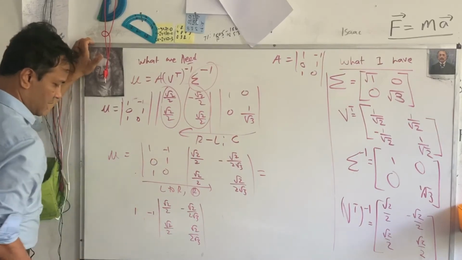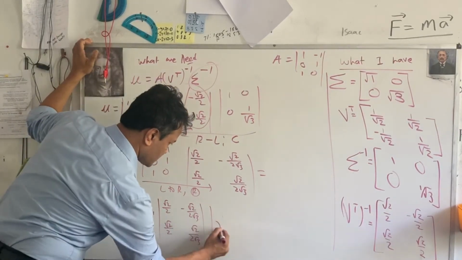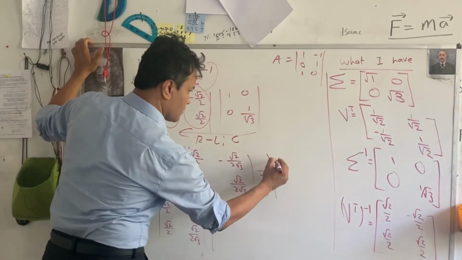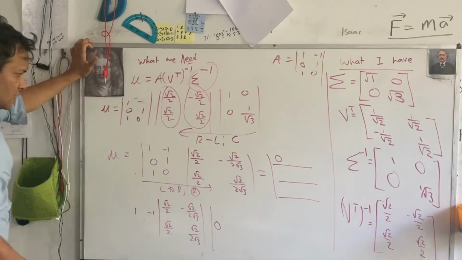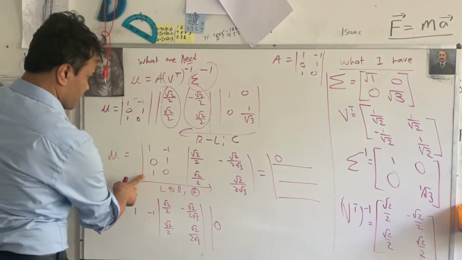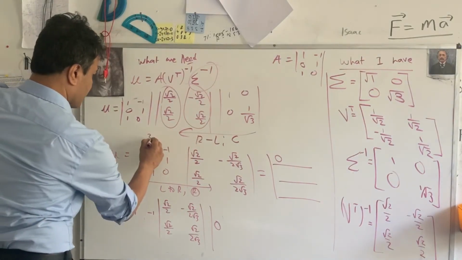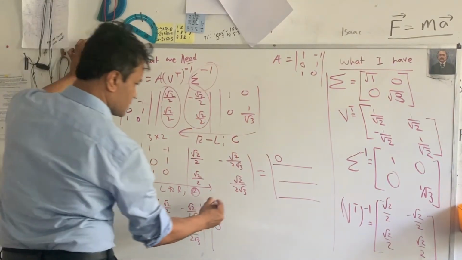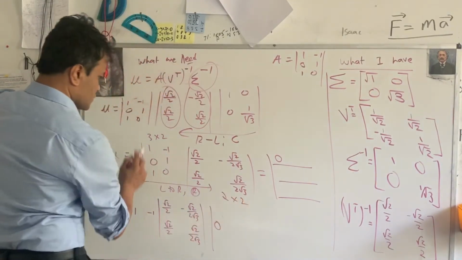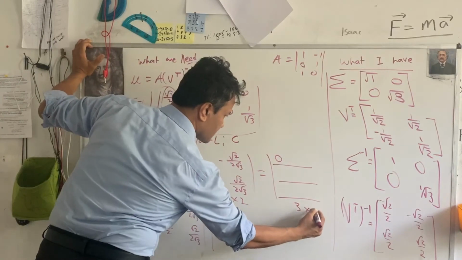This is 3 by 2, and this is 2 by 2, so this is a 3 by 2 matrix.